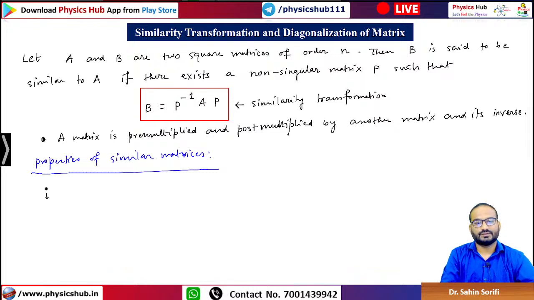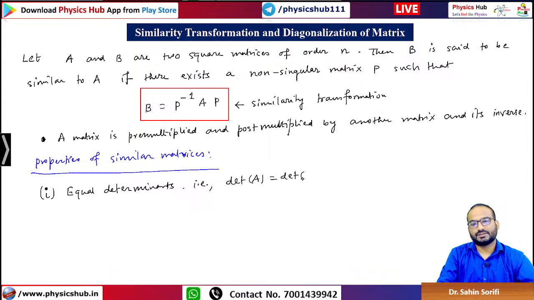Okay, so number one, they will have equal determinants. This is the first point, that is determinant of A is equal to determinant of B. What is the second point?